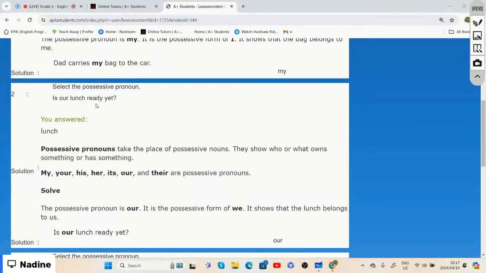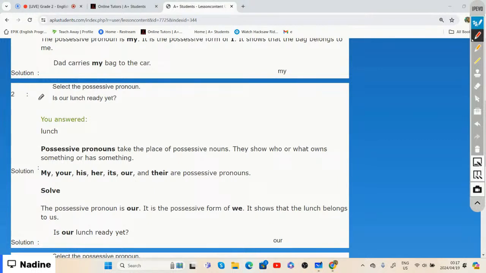Is our lunch ready yet? We need to select the possessive pronoun within that sentence. Is our lunch ready yet?